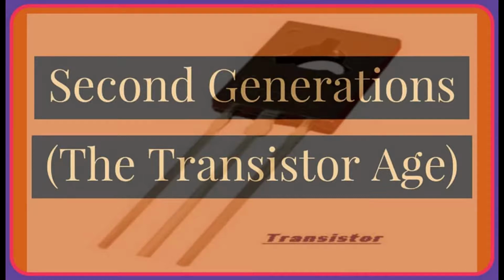Second generation, the transistor age. The second generation of electronic computers began with the development of transistors, which were developed between 1959 and 1964. Transistors were developed at Bell Labs.